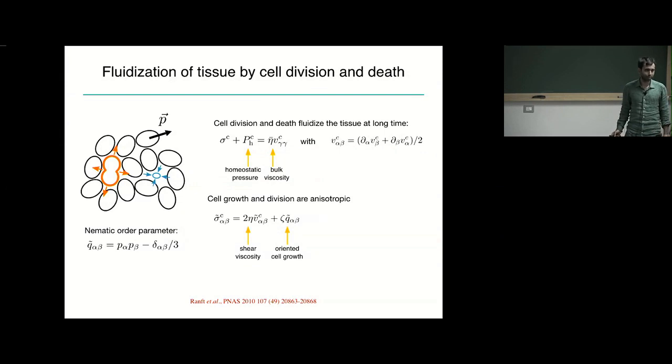If you have cell division and death, these are quite anisotropic in general, because the nucleus moves to one of the sides and then it divides into two cells. Because of that, you have some anisotropic stress growing inside the cell, and that's one of the contributing factors to this anisotropic cell stress.